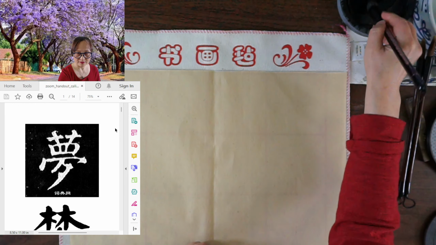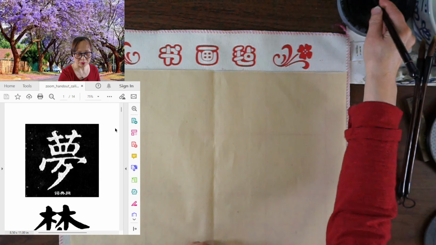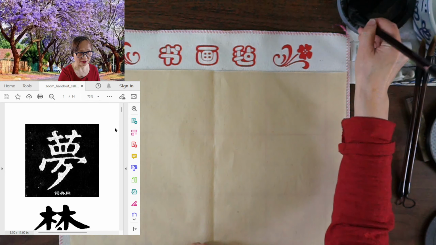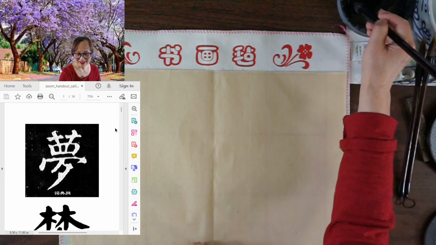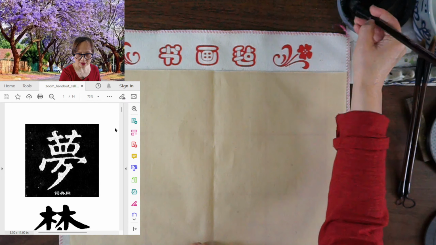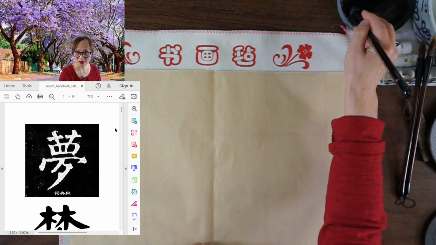Always read the copybook when you do the calligraphy. What's the read to get the information and to understand the basic structures, right?